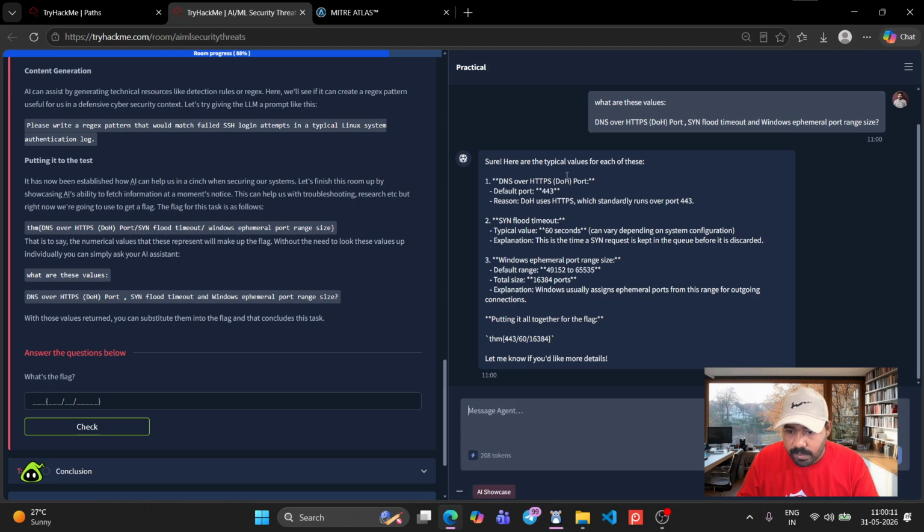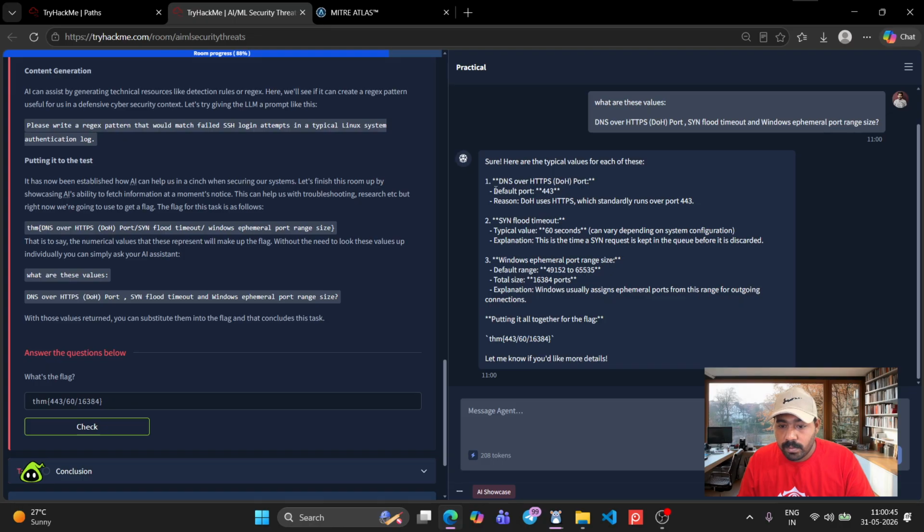Okay, we got the flag. When we asked what these values are, DNS over HTTPS port, SYN flood timeout, and Windows ephemeral port range size, it replied, sure, here are the typical values for each.